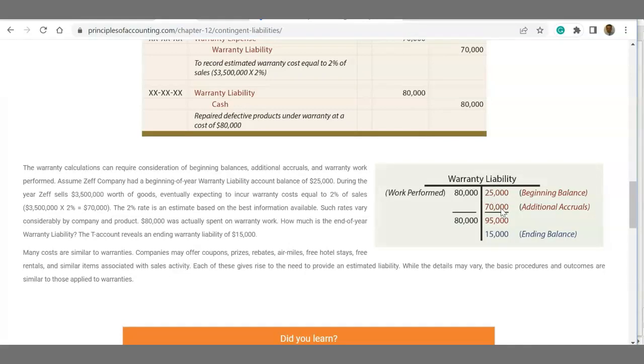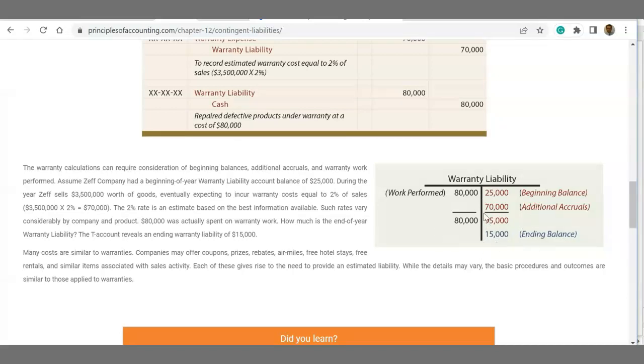This year, we recognize 2% of sales as warranty liability. So that's 25 plus 70, which is 95. And we spent $80,000 for fixing things for the warranty. So we end up with a $15,000 ending balance on warranty liability.